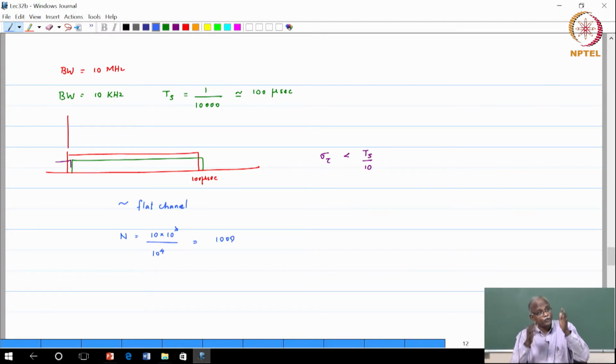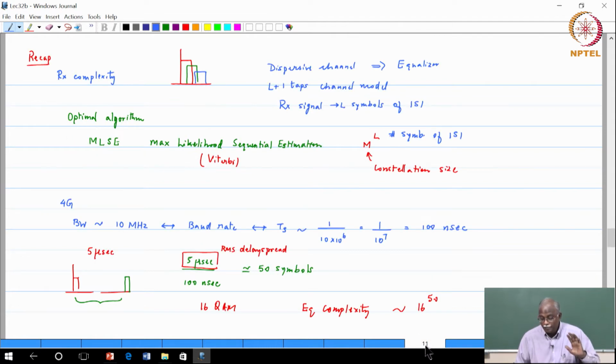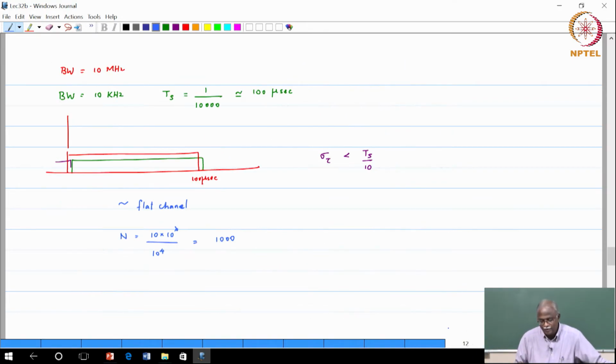You divide your bandwidth into 1000, then all of a sudden your time dispersion becomes a non-issue. With a 10 megahertz channel it was very difficult to do equalization, with no possibility of achieving channel capacity, and now all of a sudden you have the ability.